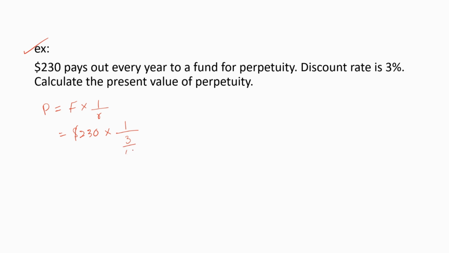So 3 over 100. 7666.67. This is the present value. It simply means if a person pays out $230 every year for the perpetuity, the present value of these cash flows will be $7,666. This is a really simple concept to understand and calculate.